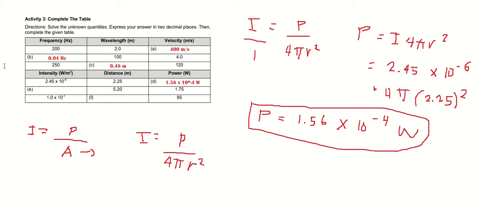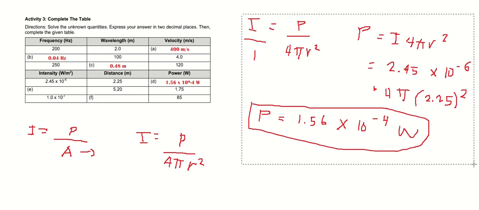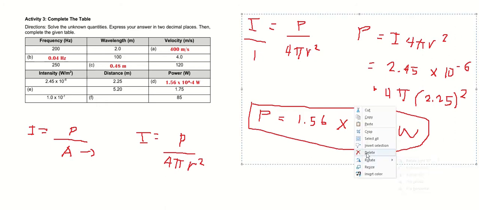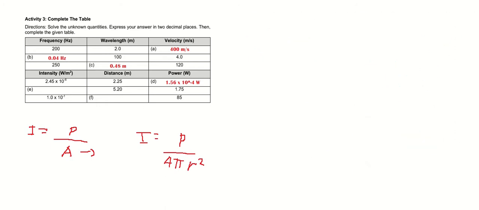Pinapahanap naman ngayon sa atin sa letter E is yung intensity. So ngayon, clear ko lang to para may space tayo. So intensity. So yung formula for intensity, ito lang. Diretso lang. So I is equal to P over 4 pi r squared.